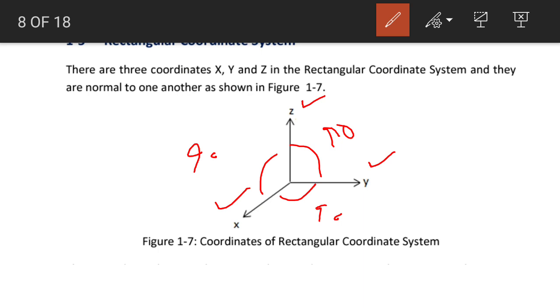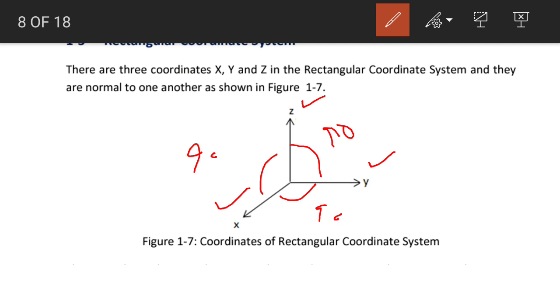So there are three coordinates in the rectangular coordinate system: the x coordinate, the y coordinate, and the z coordinate, and these three coordinates are mutually orthogonal. The angle between two coordinates of this rectangular coordinate system will be 90 degrees.